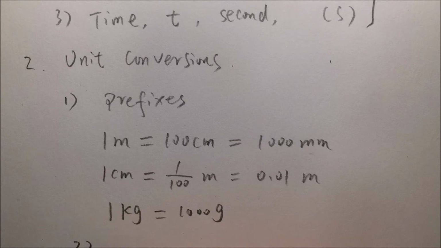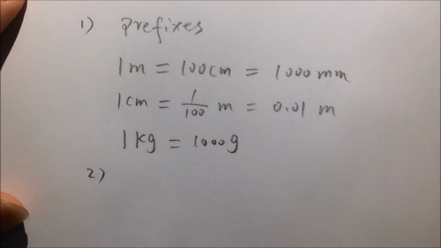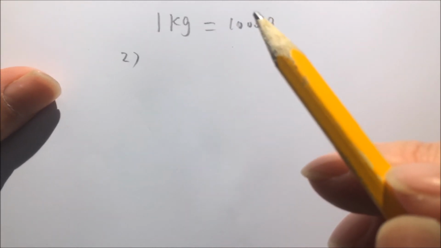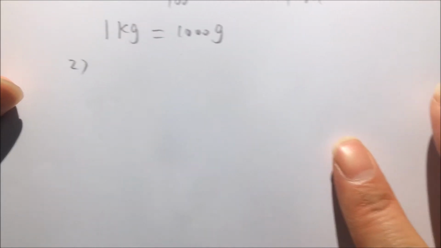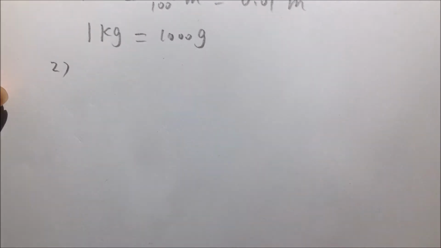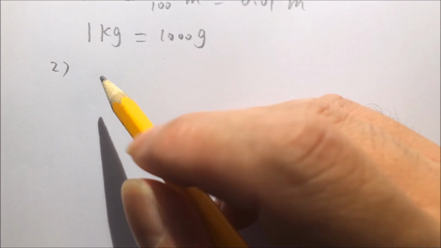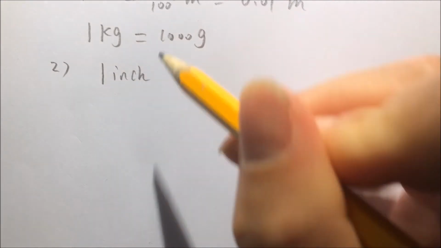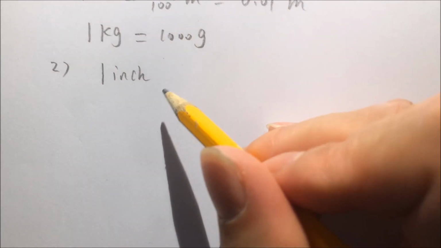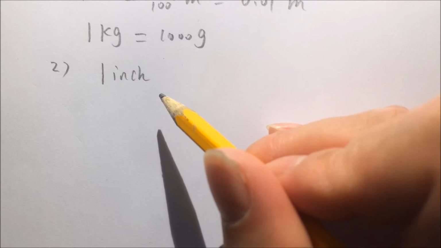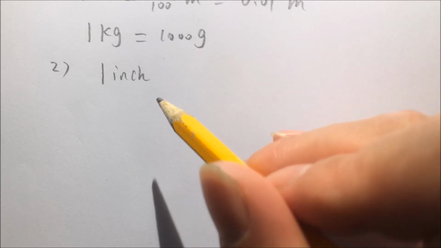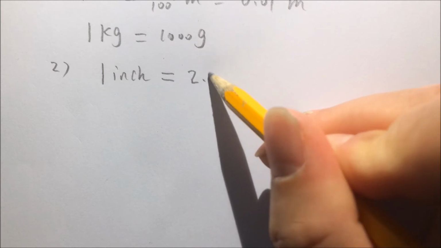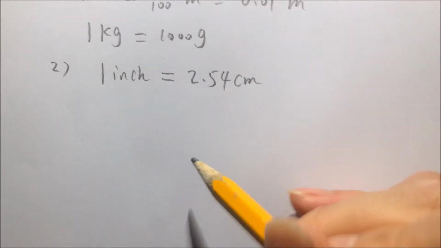The second type of unit conversion is related to different unit systems. For example, in the United States, the length is measured by inch, foot, or yard. The conversion factor from inch to centimeter is 1 inch equal to 2.54 centimeter.